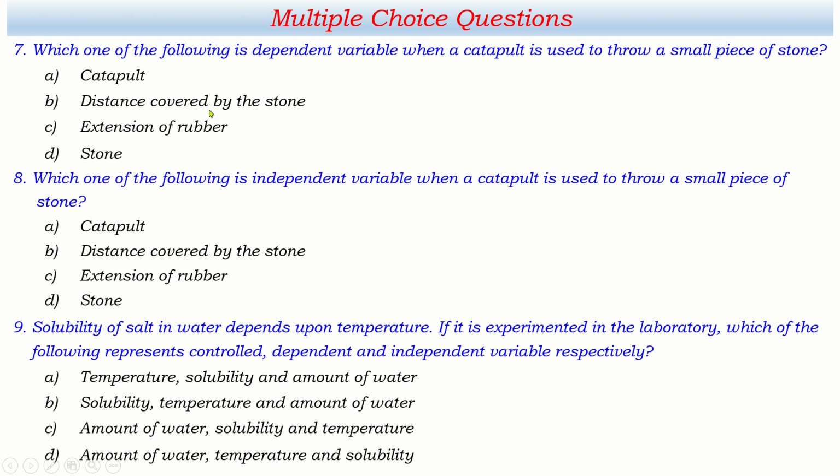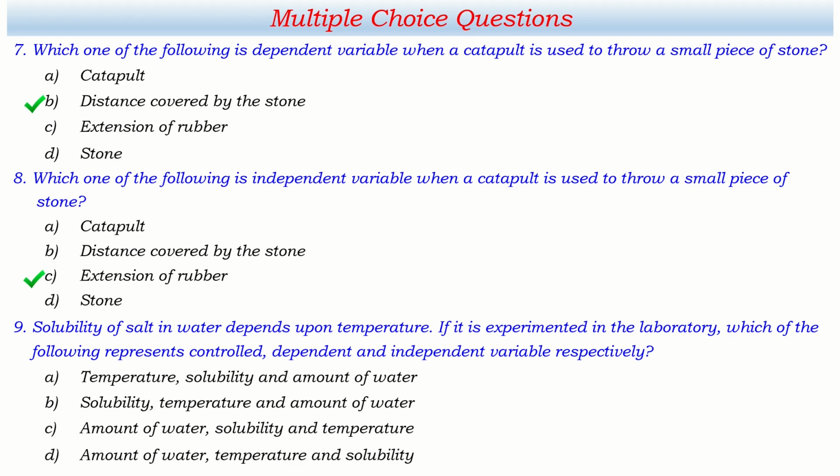That's why distance covered by the stone is the dependent variable. We have to take this. But in the second one, what is written? Which one of the following is independent in the same? Which one is independent? Extension of rubber is independent. It is in our control whether we extend it to 1 centimeter, 2 centimeter, 5 centimeter or 10 centimeter. That's why this is the correct option.